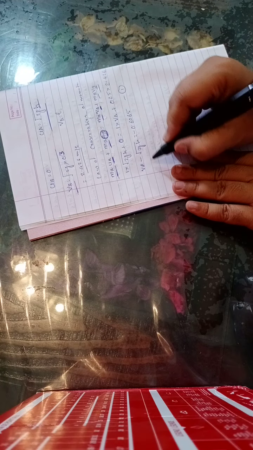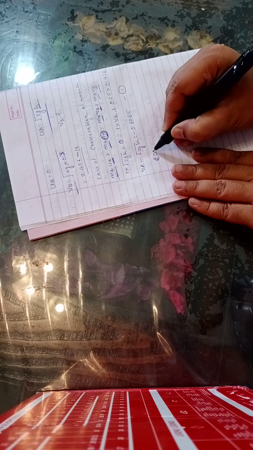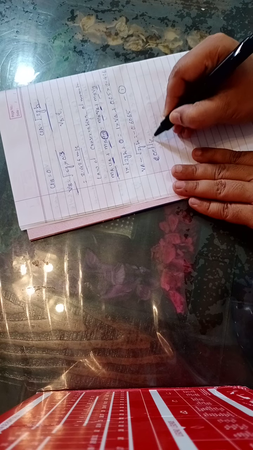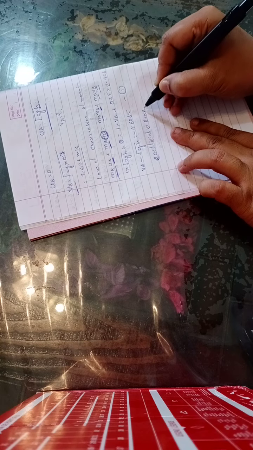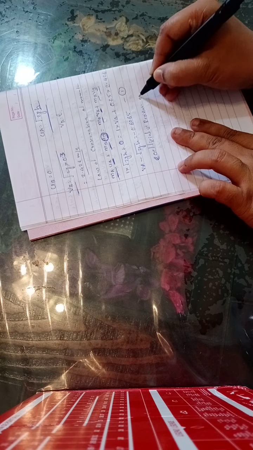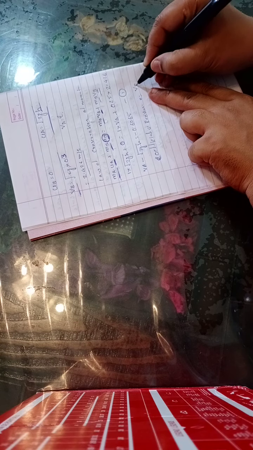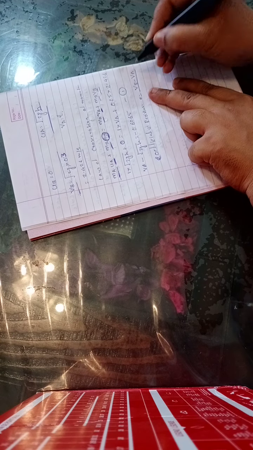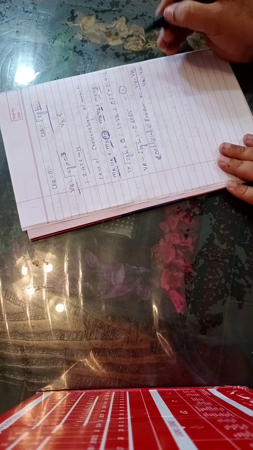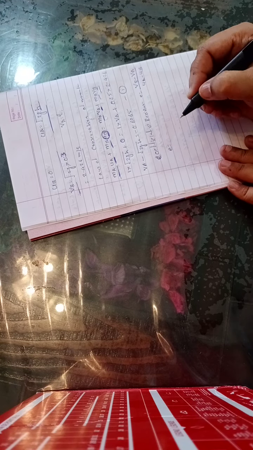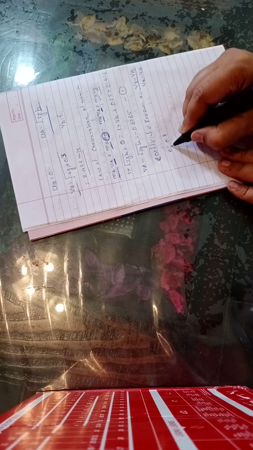Then we all know the coefficient of restitution: small e is equal to VB minus VA upon UA minus UB. The coefficient of restitution e is given in the question as 0.8.